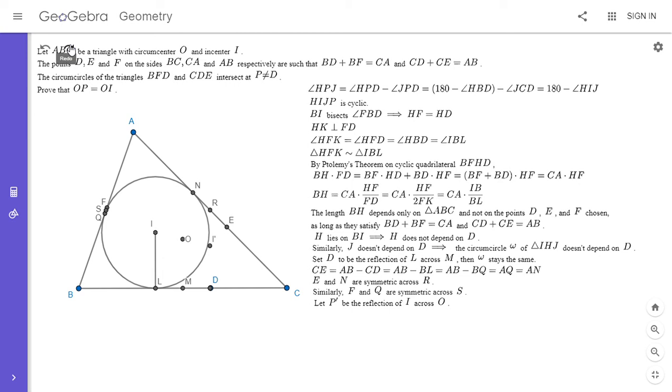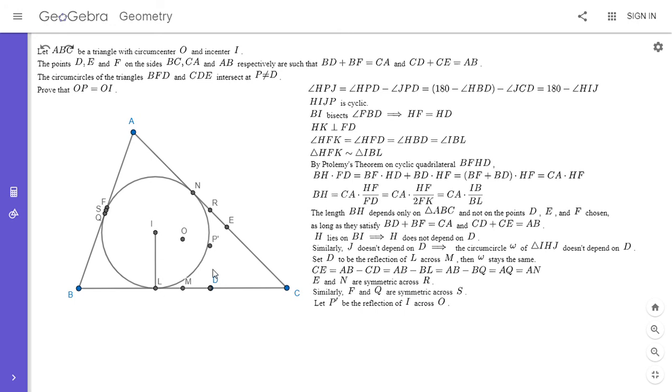So I'm going to let P prime be the reflection of I across O, and then I claim that P prime is actually the intersection of these circumcircles BFD and CDE. And so I'm going to explain why. But if P prime is the reflection of I across O, we have a lot of symmetry in this figure.